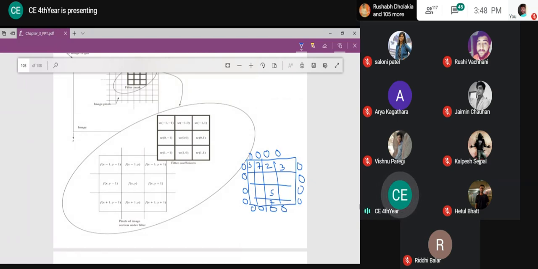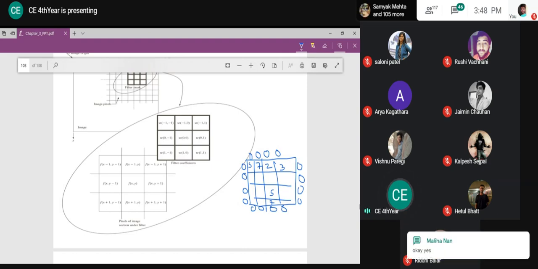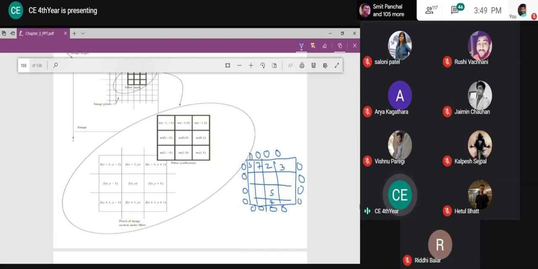If I pad with n minus 1 by 2, what will happen? Just suppose it is 3 cross 3, it will pad one 0 and one row, but only on one side. On all sides I need it. So on both sides, both rows and both columns, I want to pad. So according to Bhumik, what you should do is 2 into n minus 1 by 2, so you should write it as n minus 1.